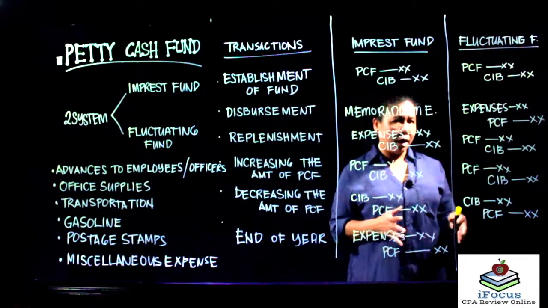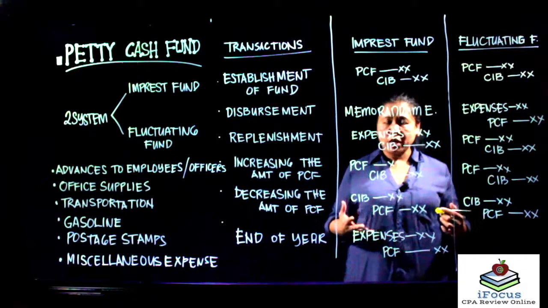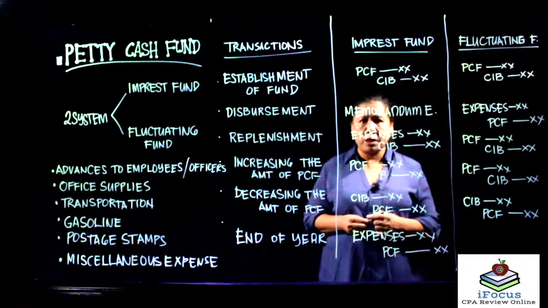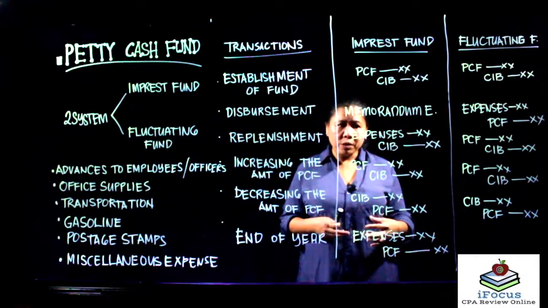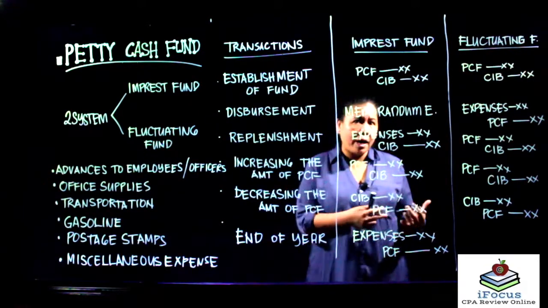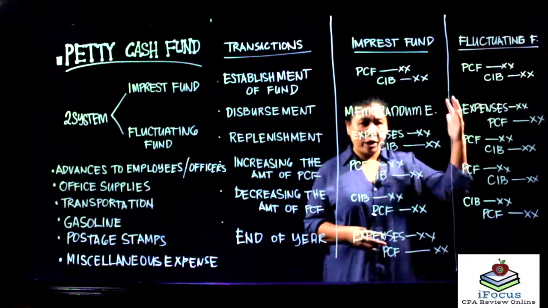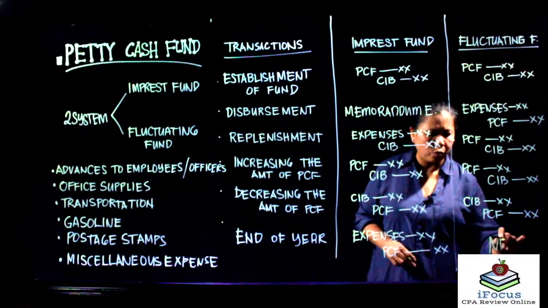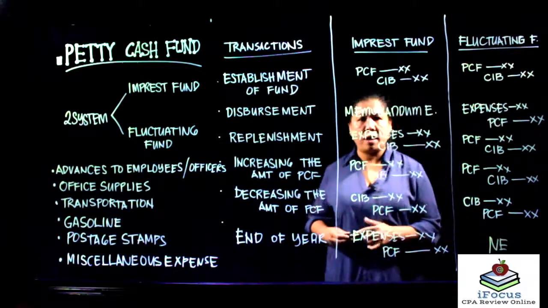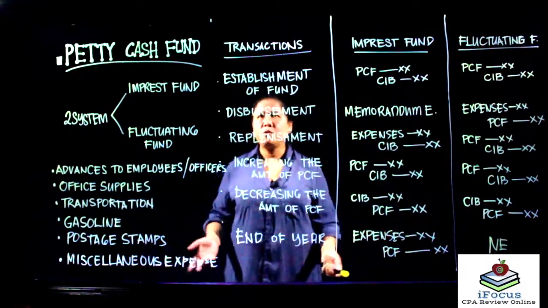Under fluctuating fund system, we don't adjust any of the expenses because we recognize the expenses as they occur. So every time we have expenses, we record that right away under a fluctuating fund system. So under fluctuating fund system, we don't have an entry at the end of the year. So this is your petty cash fund.